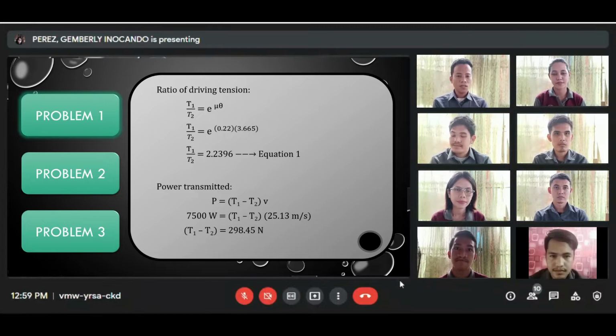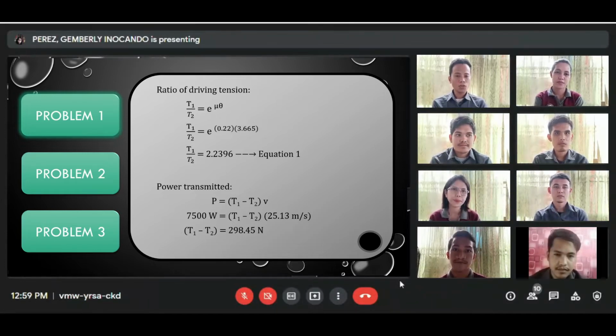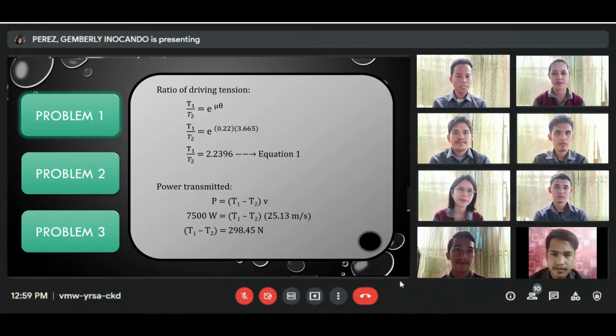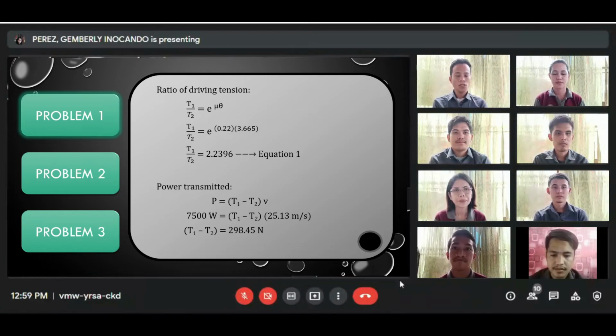After that, we divide both sides to cancel the 25.13 meter per second. So T sub 1 minus T sub 2 is equal to 298.45 Newton.